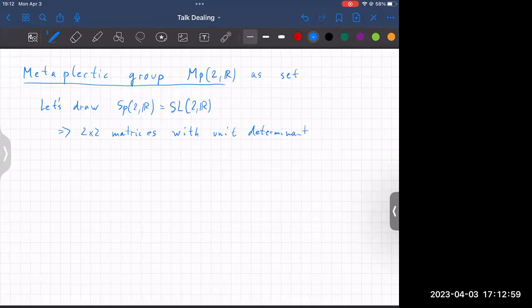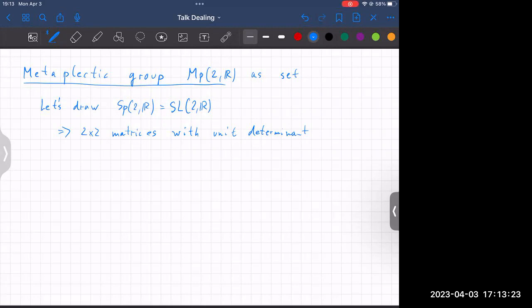Now, it's not so easy to know a nice parametrization, but there exist some nice parametrizations, and I will just give you one.